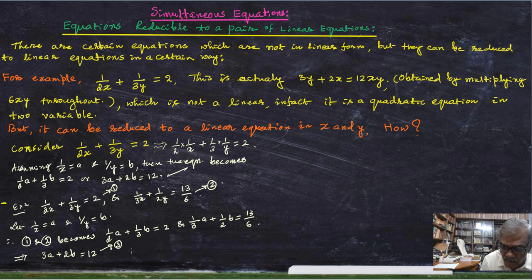And here 2a plus 3b equal to 13. Call this equation 4.